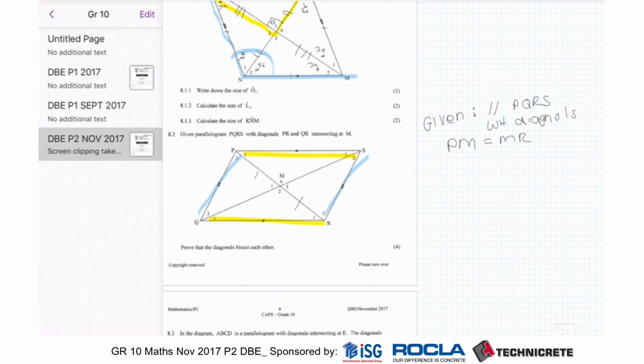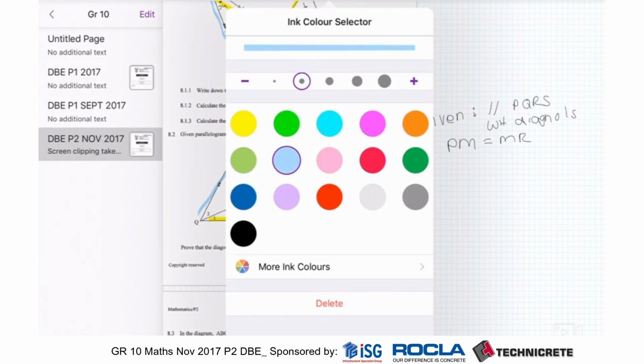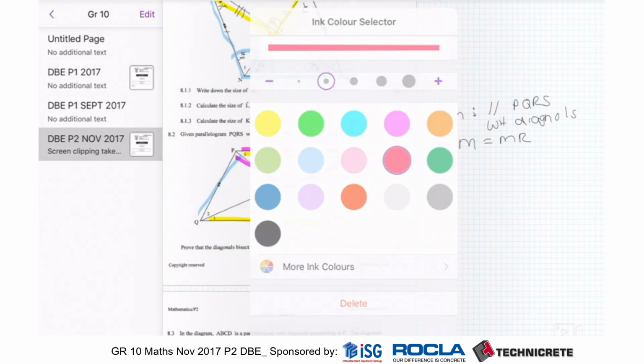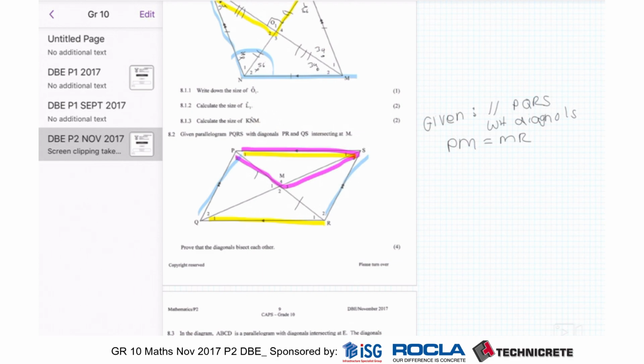So I think we should work with PMS because that is involving PM, and then the other triangle can be RMQ. So that we're also including the same parallel lines. So make sure you state your triangles.